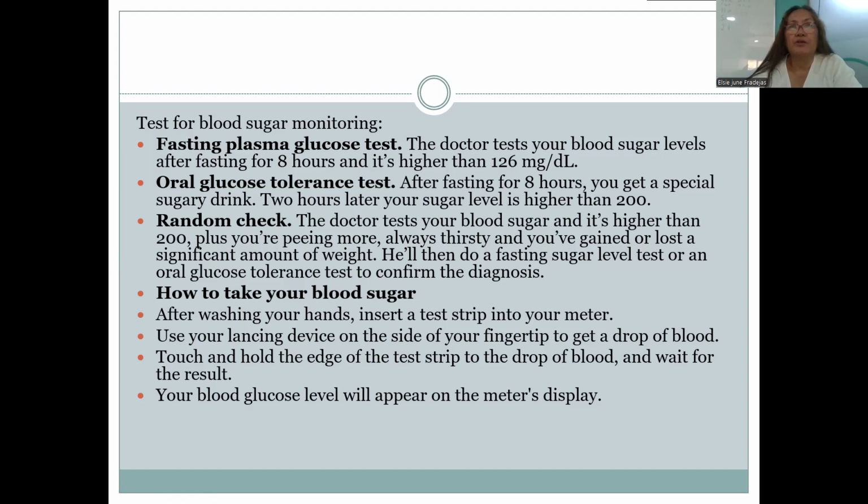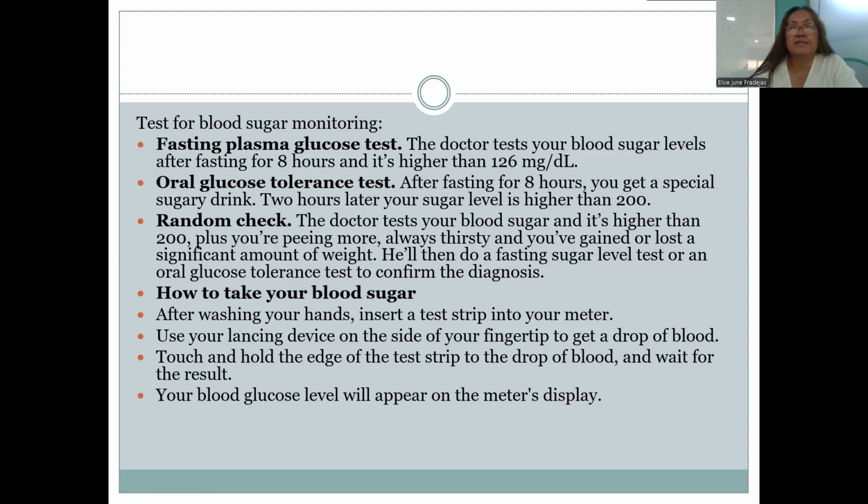Now, prepare your lancing device and swab the fingertip of your patient with 70% alcohol. The fingertip is less painful and you can get an adequate amount of blood.